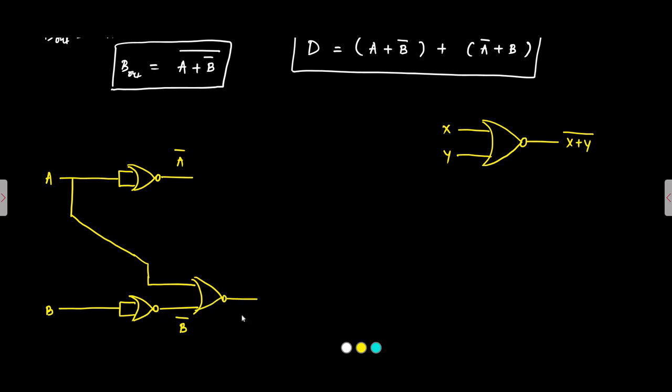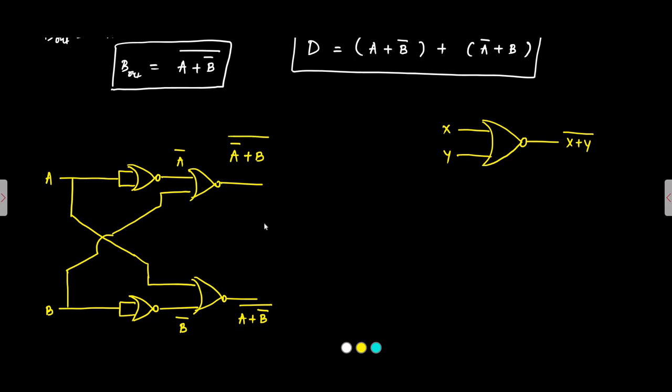So this is A plus, meaning OR, B bar whole bar. Next we have A bar or B whole bar. So A bar or B, A bar or B whole bar.